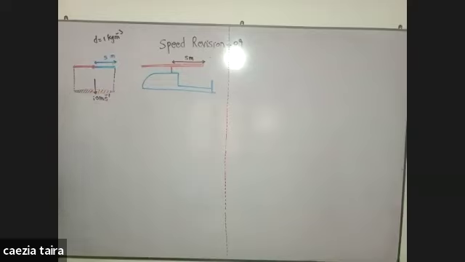Then you have to find the area of this circular section. So pi is equal to 3, r means 5, or 5 squared. Then the answer should be 75 square meters, right? So this is the first one.